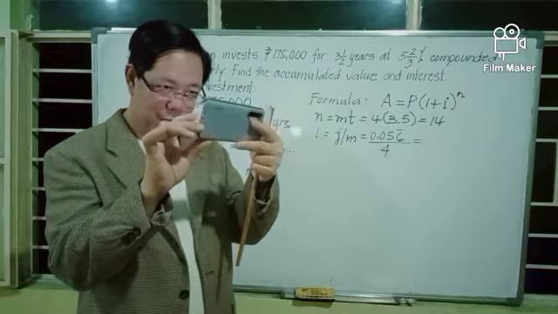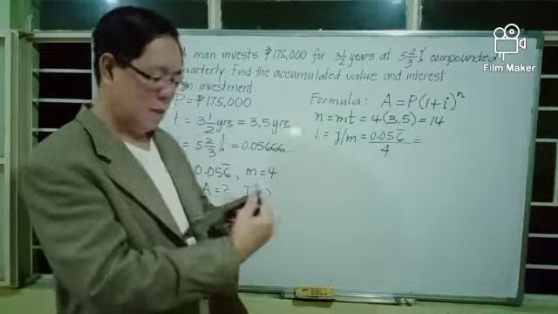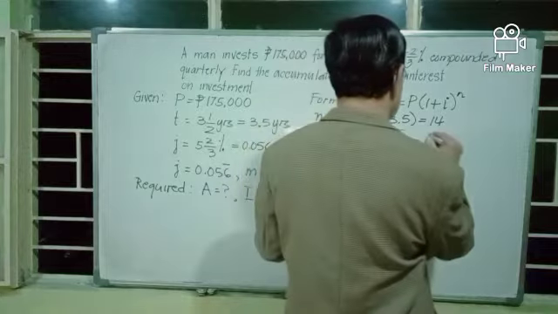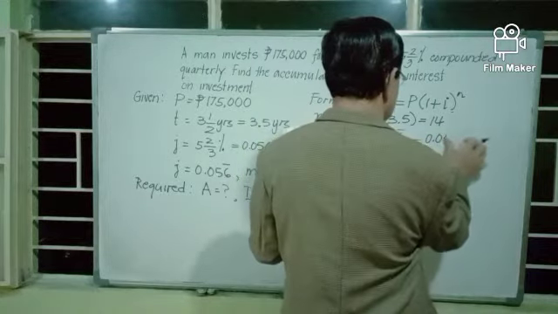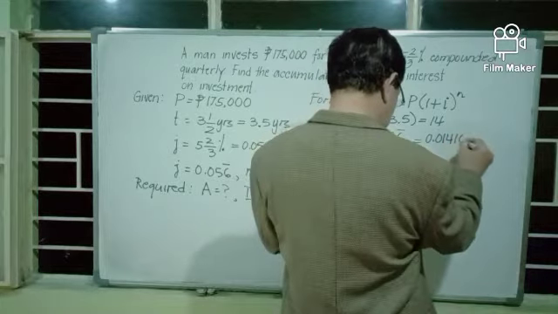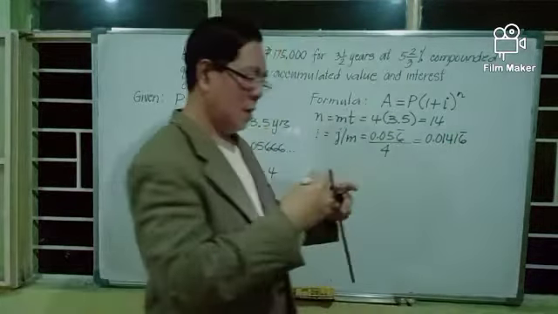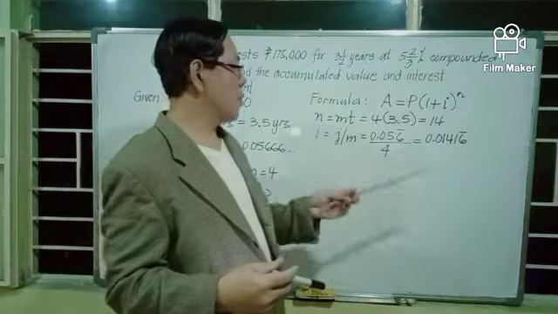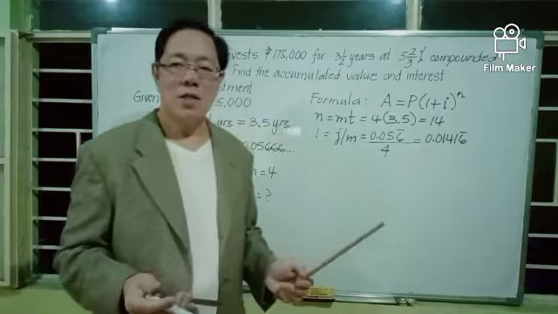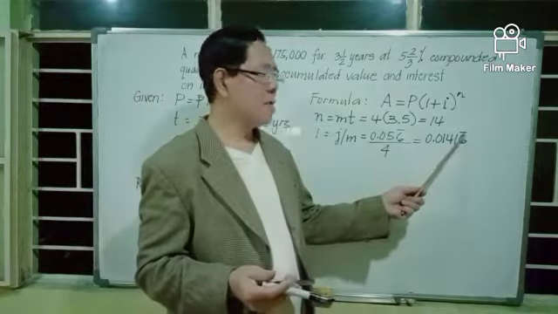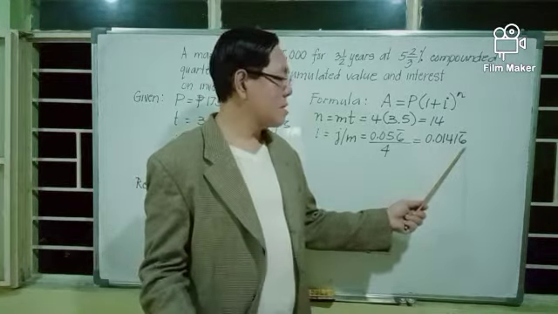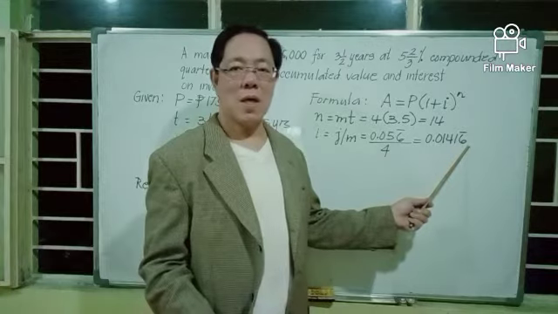In your calculator, you press 0.05 and you press 6 repeatedly and divide that by 4. And you should get 0.01416666. Again, the digit 6 is repeated without end, but I simply write 6 bar, which means that 6 is repeated without end.